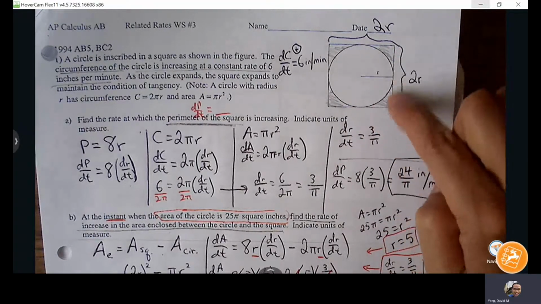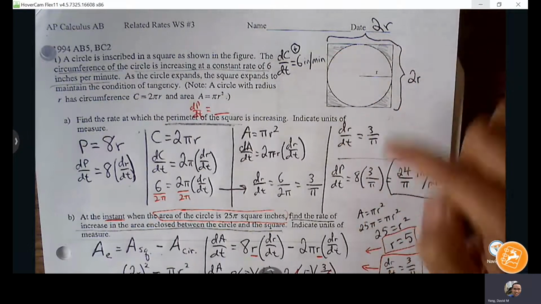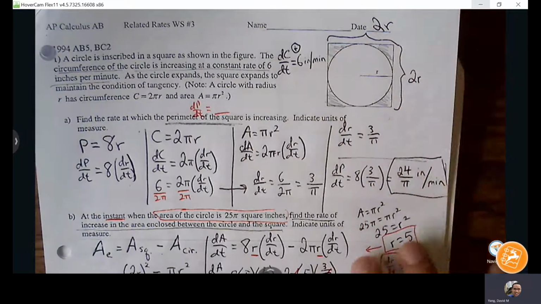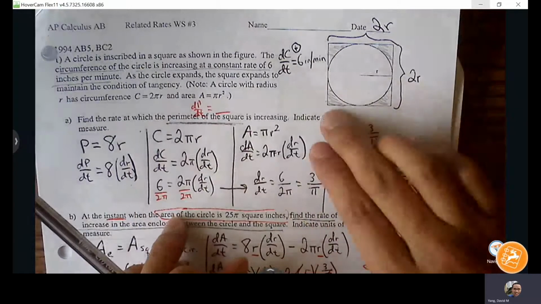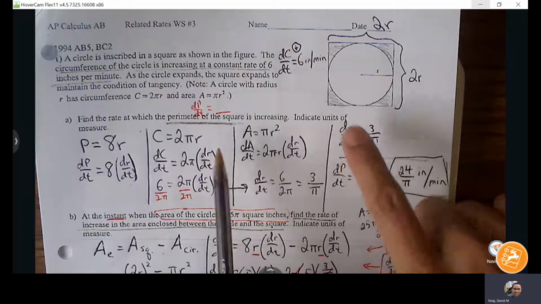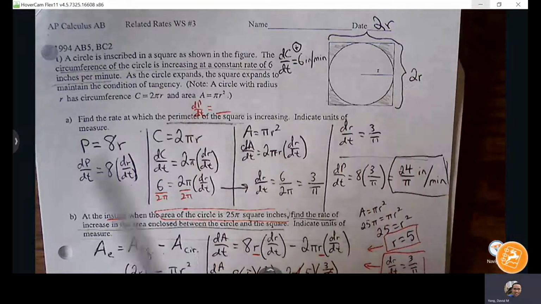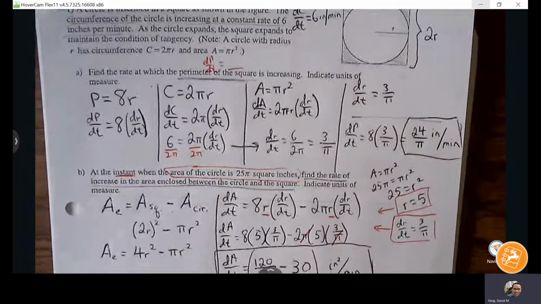Using that R radius variable for the square turned out to be very helpful, because if we use a different variable like X or L or W, we're stuck not being able to see that connection. But having that radius already tied in with the circle proved to be beneficial for this problem.